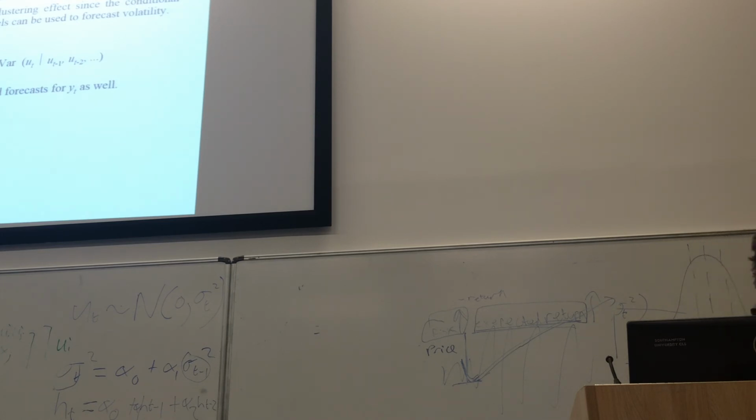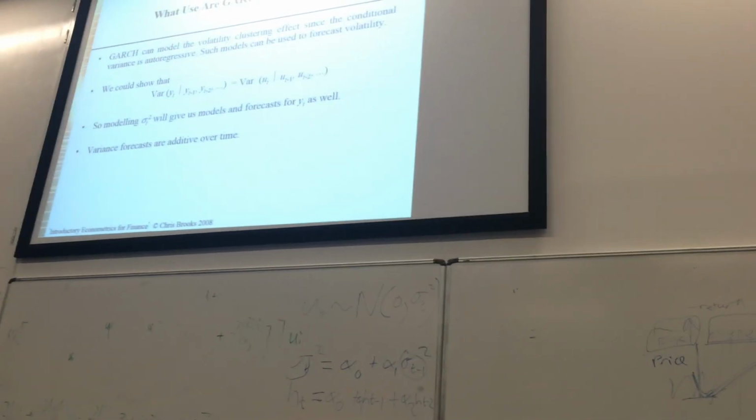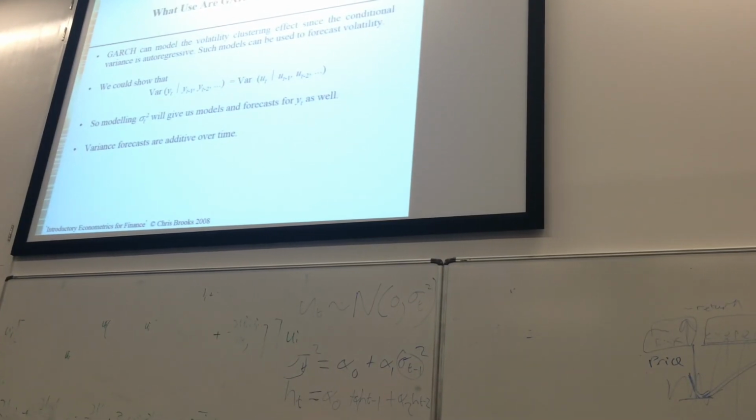So what use are GARCH-type models? Modeling the variance also gives you models and forecasts for the original variable. And if you look at variance forecasts, you can come up with a variance forecast from a GARCH model that covers a longer period.